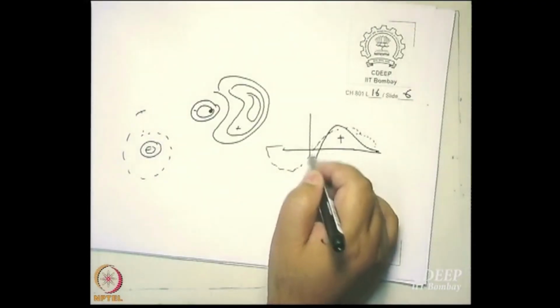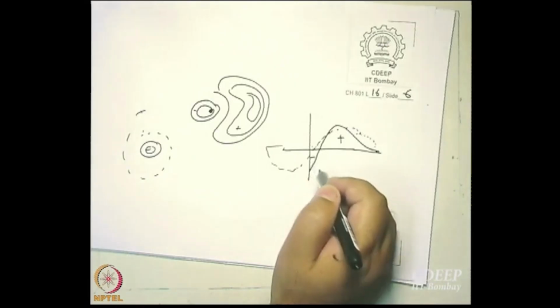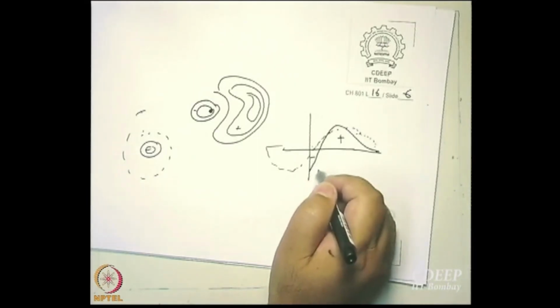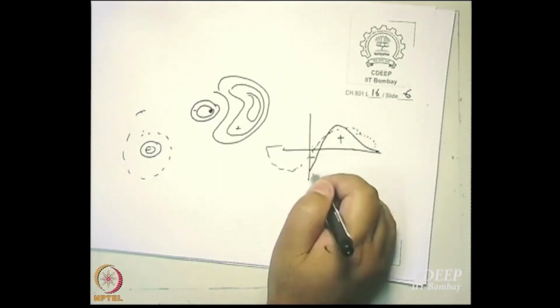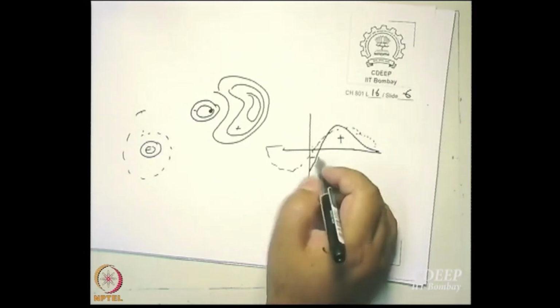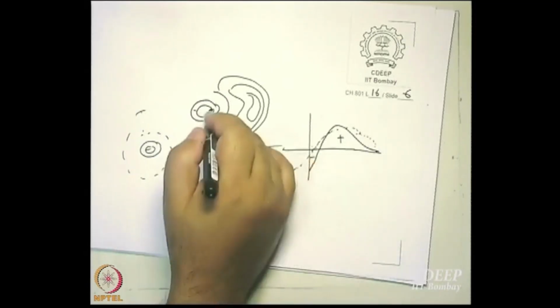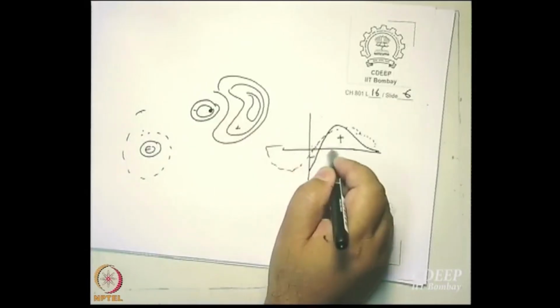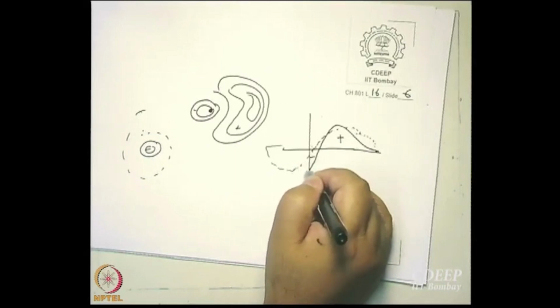Now see, in the immediate vicinity of the nucleus, it is the value of 2s that is going to predominate, not 2p, because 2p is just 0, right? So add 0 to a negative quantity, you get a negative quantity. So in the immediate vicinity of the nucleus, it has to be minus, no matter whether you are on this side or on this side.